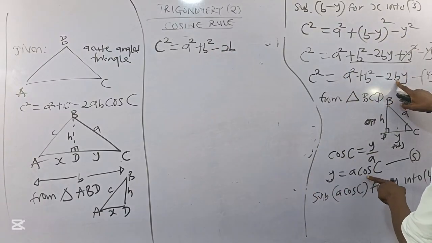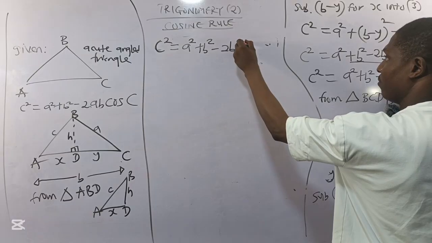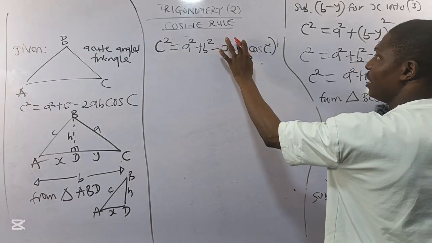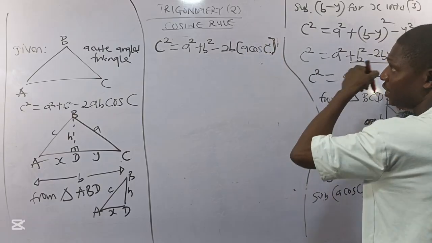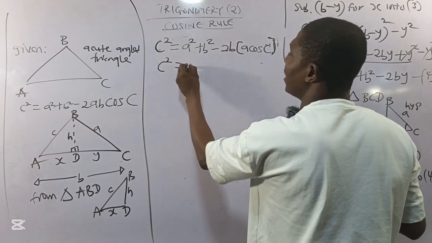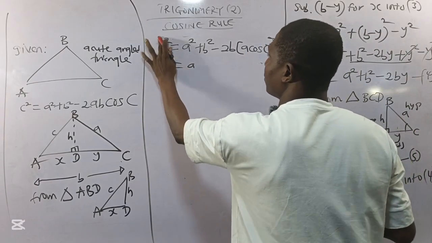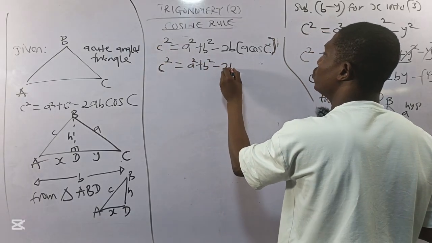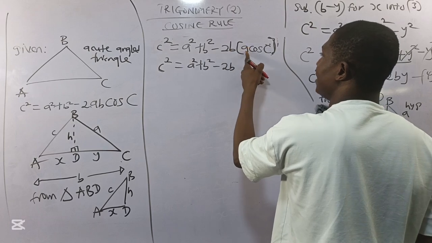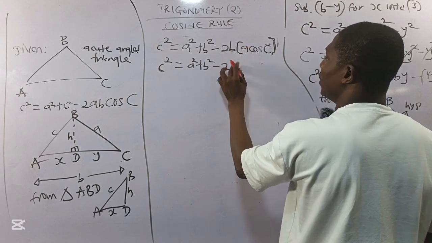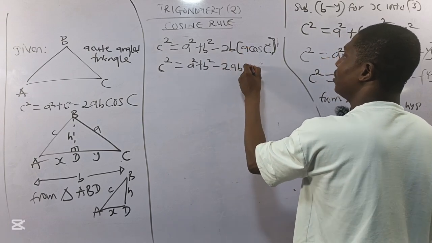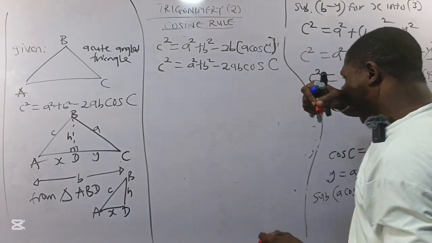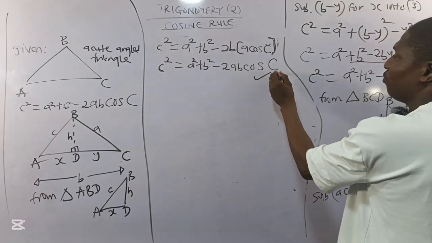In place of Y, I'm putting A cos C. So I have bracket A cos capital C. Let me use a square bracket so that it won't confuse anybody. So I therefore have small letter c squared equal A squared plus B squared minus 2B times A, which is the same thing as AB. So let A come first. AB cos capital letter C. And with this, our rule has been proved.